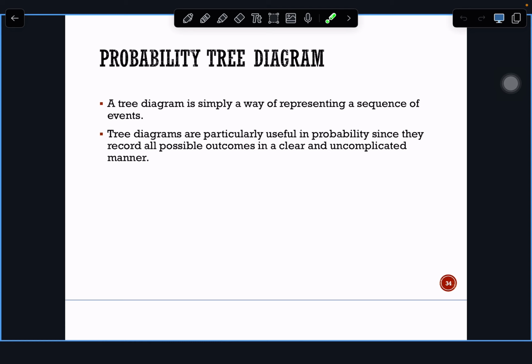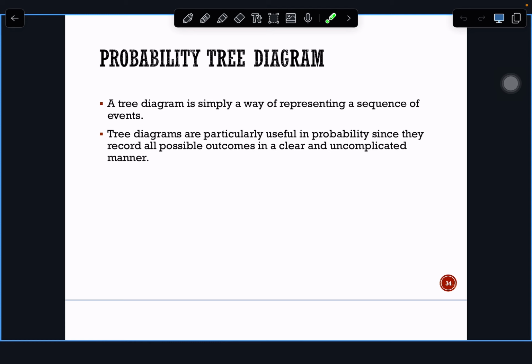And from the tree diagram we can see where the 1 is. You can also see the intersections. Last time from the Venn diagram you know the intersection, right? From the tree diagram we have intersection too. And also from the tree diagram we have conditional probability. So basically there are so many things from a tree diagram.